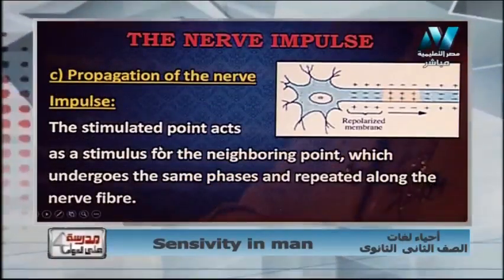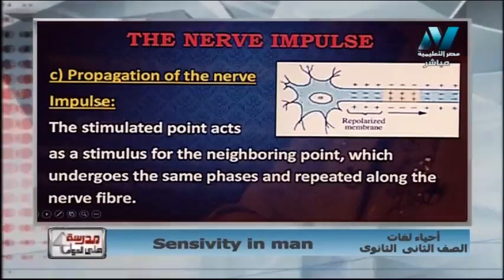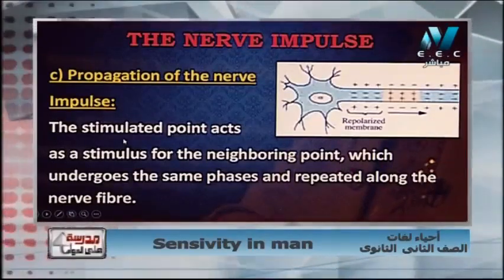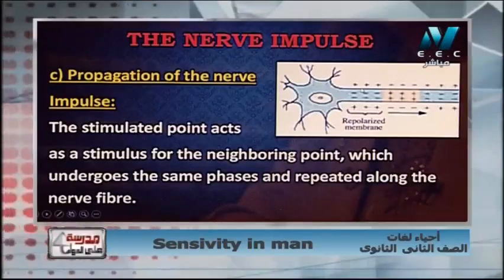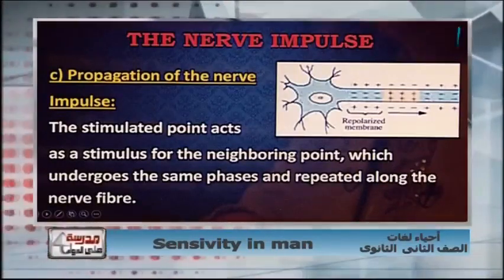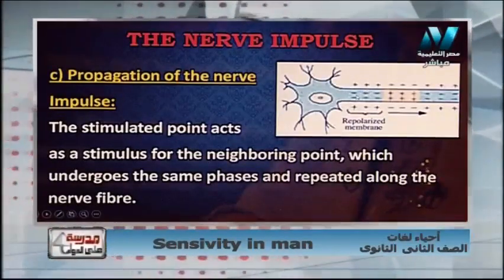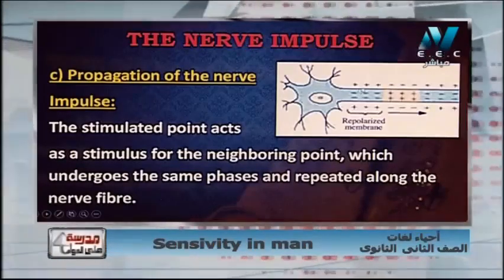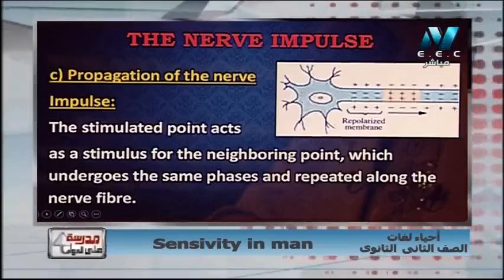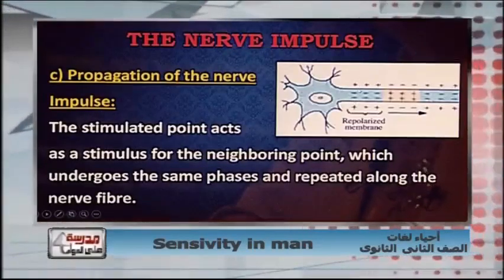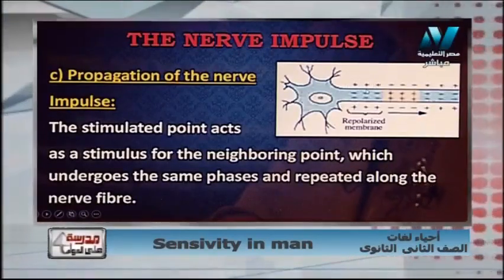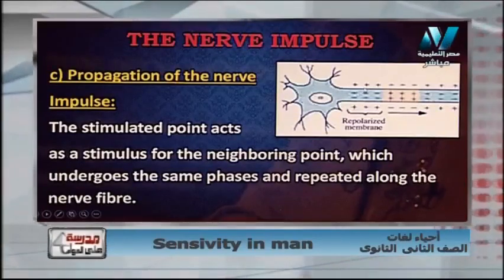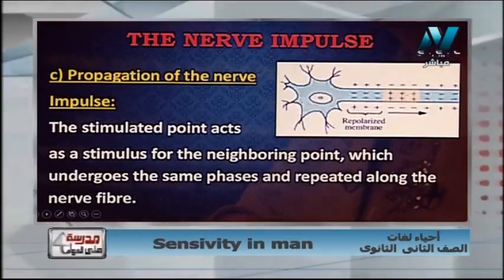The propagation of the nerve impulse, which is the third step. We said that the membrane at the point of stimulation is disturbed, and it loses its selective permeability. It becomes permeable to ions from inside and outside, and this disturbance is considered as a stimulus for the neighboring point.